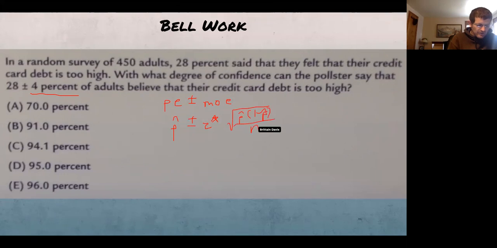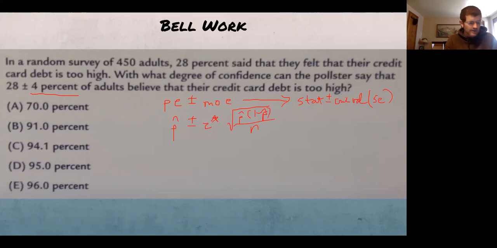And actually, I should even maybe show this in a different way. That might be our stat plus or minus our critical value times the standard error. Okay, so this calculation under the radical is for the standard error. And so we can figure this out.